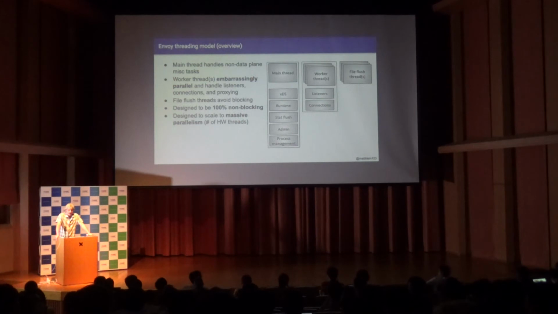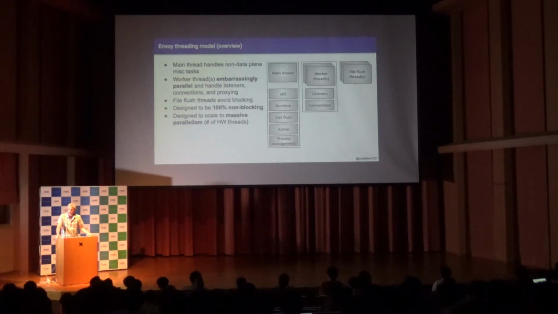On the main thread, we have a bunch of functionality which is low rate but very important. So that's XDS configs, that's runtime feature flags, flushing stats, admin processing, process management, like handling signals. And the reason that we've bifurcated this between the main thread and the worker threads is that it's mainly for simplicity.